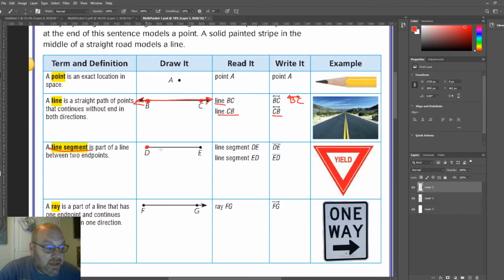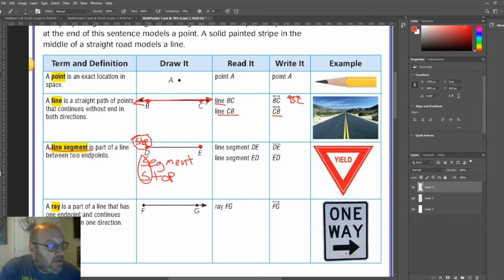stops. It stops at one point and stops at another point. Stops at both points. That's a line segment. You can remember that because segment and stop both start with S. Segments stop, and you can make a little stop sign here, right?